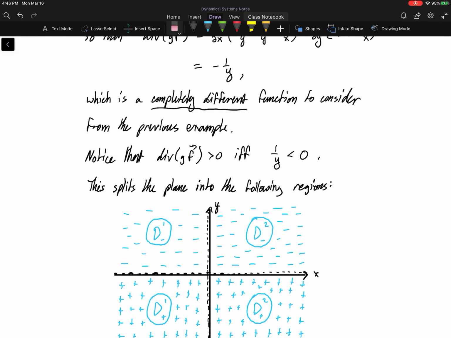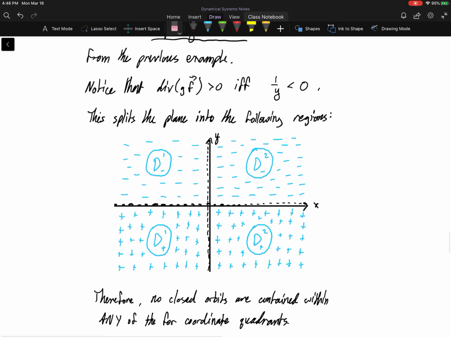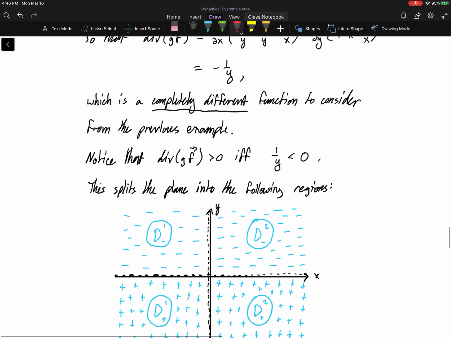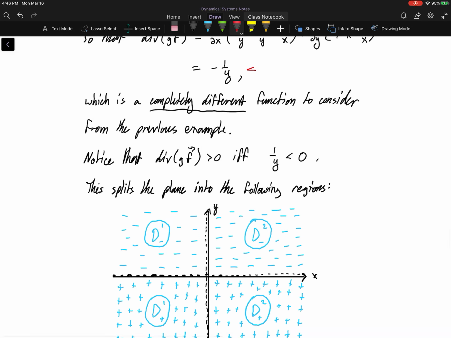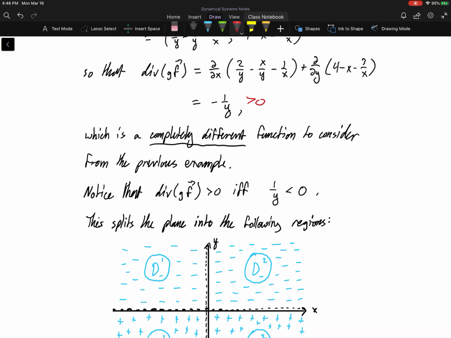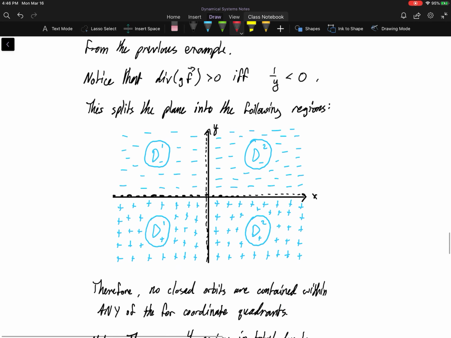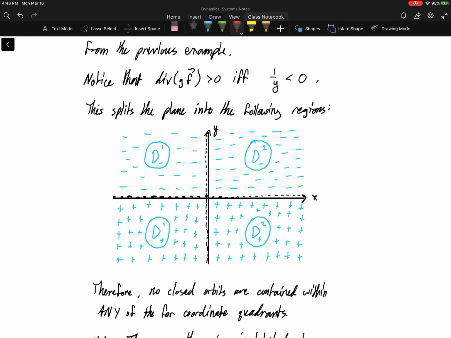So if I were to use this Dulac function, the divergence of gF is positive if and only if this -1 over y is positive, if and only if 1 over y is less than 0. And that would then split this into 4 different regions.